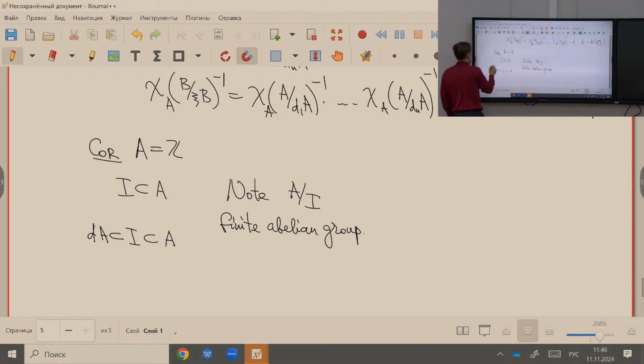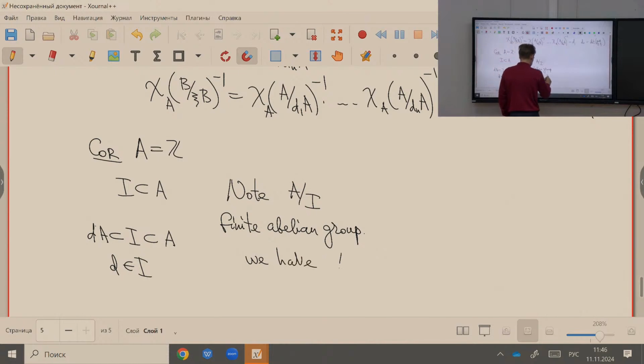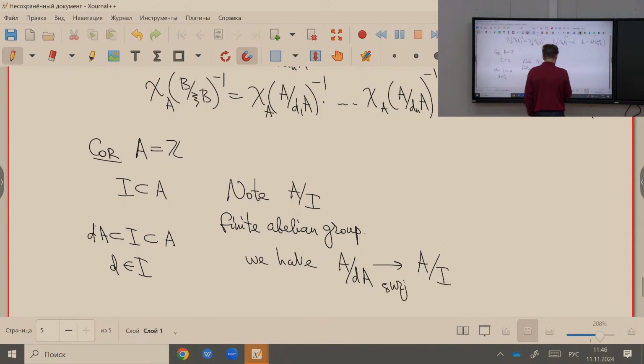If you take D inside I, you have this kind of map. So we have the surjective map A mod dA to A mod I. So this is a surjective map.